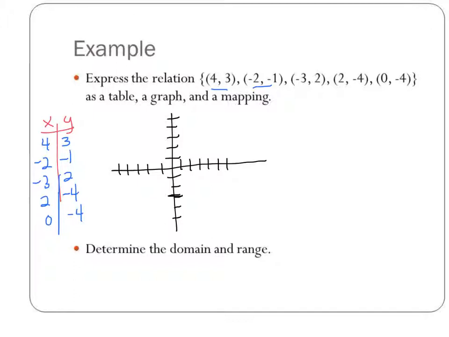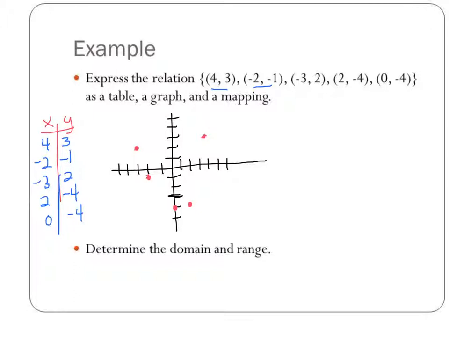About there. (-2, -1), go left 2, down 1. (-3, 2), go left 3, up 2. (2, -4), go right 2, down 4. And (0, -4), go straight down 4. So there's our 5 ordered pairs graphed.